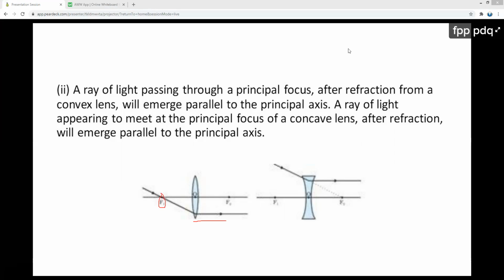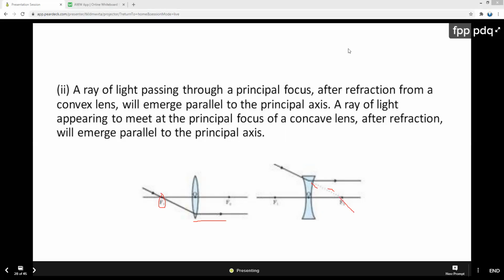In a concave lens, the ray of light, when it passes through the lens, also emerges parallel to the principal axis. In both cases, the ray of light at some point meets at the principal focus.